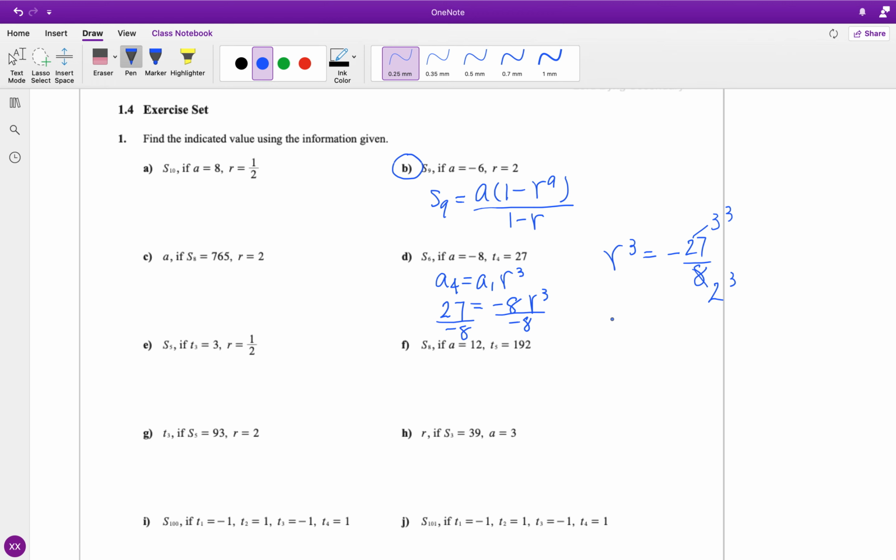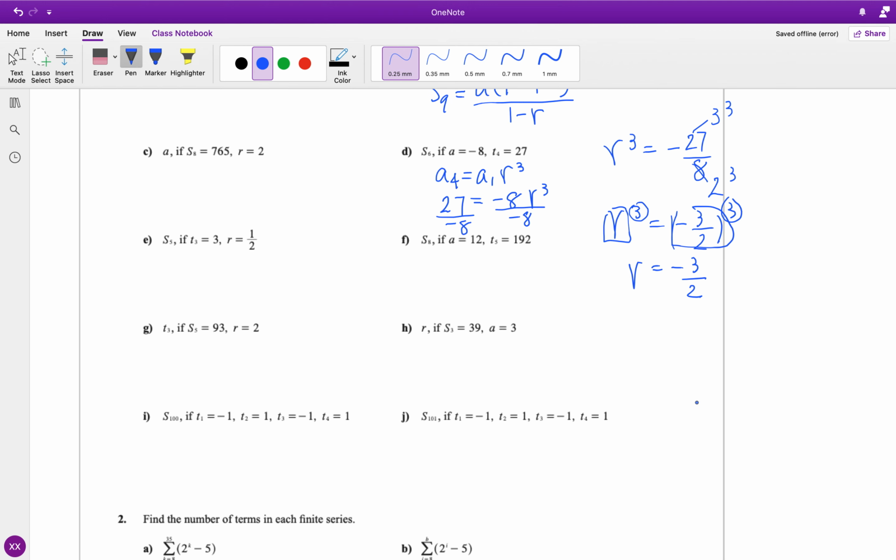So r cubed equals (-3 over 2) to the power of 3. Again, if the power is the same and they're equal, then the base must be the same. So r equals -3 over 2.